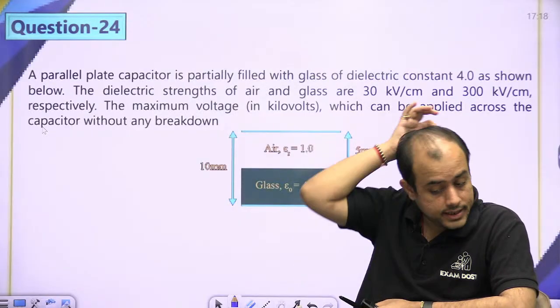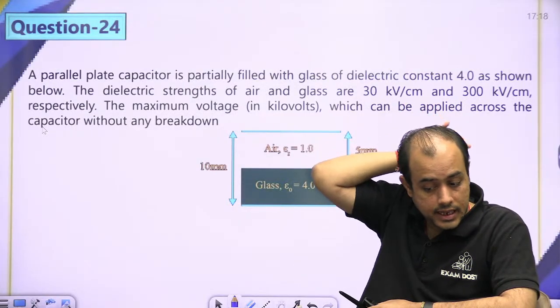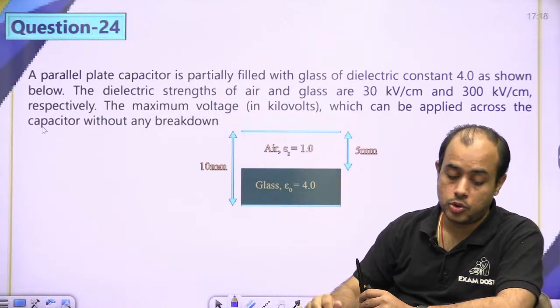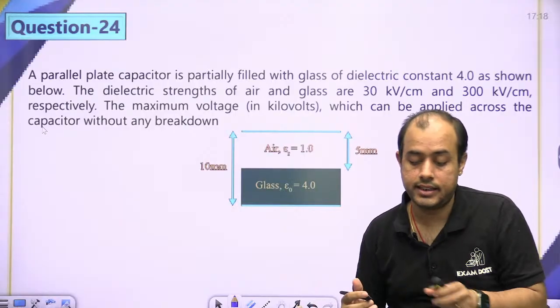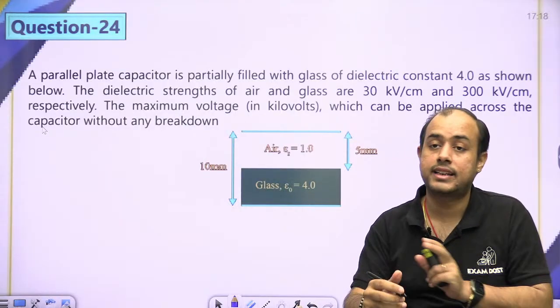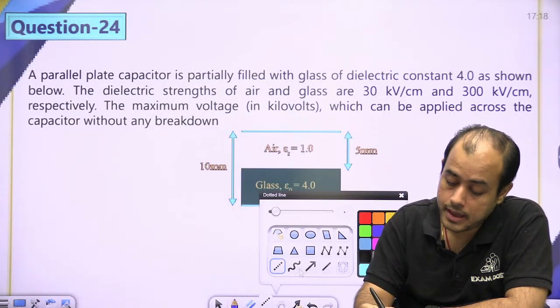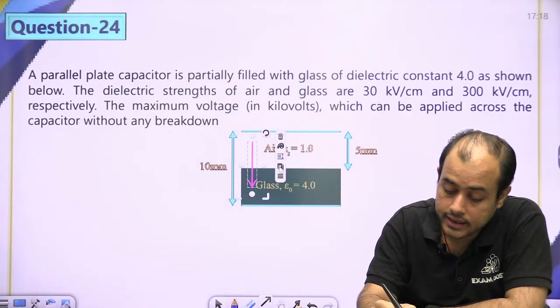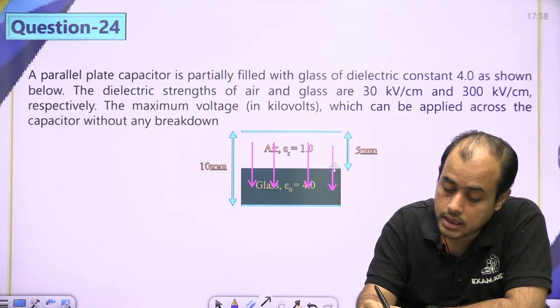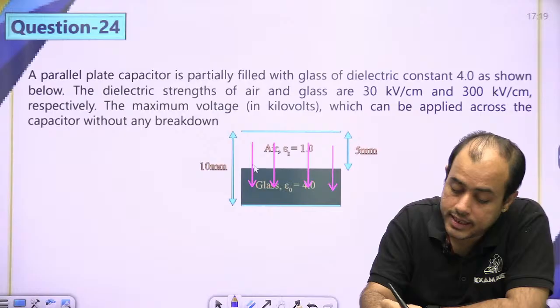A parallel plate capacitor is partially filled with glass of dielectric constant 4. Dielectric strengths are given 30 and 300. Find the maximum voltage that can be applied without breakdown. Now first see beta how the electric field will be. It is normal. What is the boundary condition in the normal case?